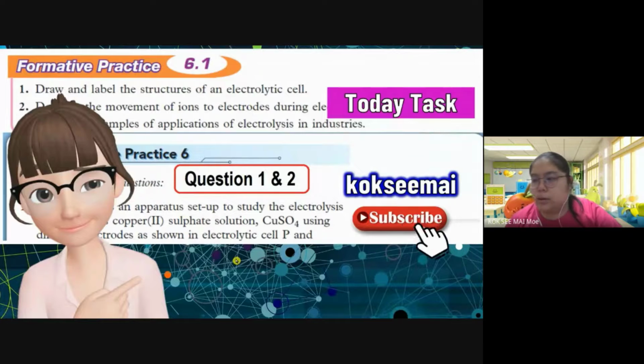Last but not least, you need to key in your attendance in the Google Form. I already sent it to you, you can check your Telegram. There is a code, please type the code there.